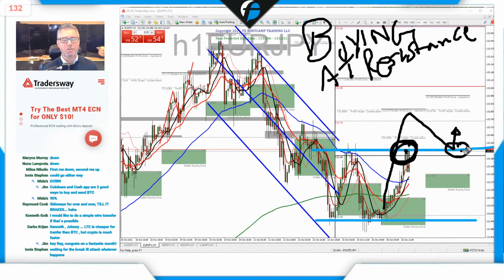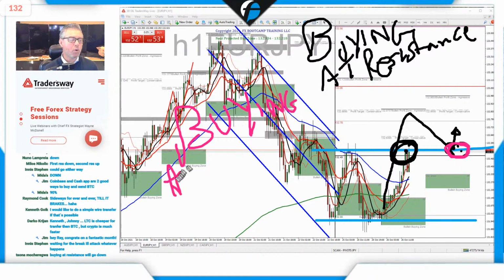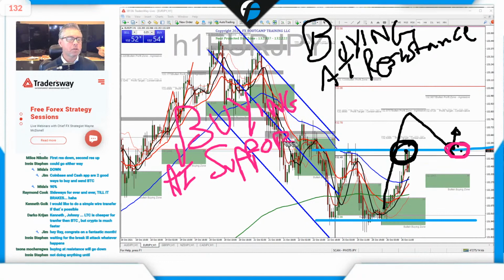So let's change the time now. Now we're over here, same price. Now I'm buying at support. Is it probably going to go up or is it probably going to go down?